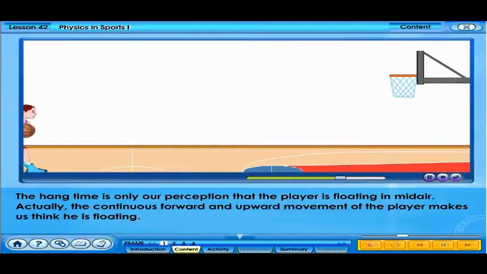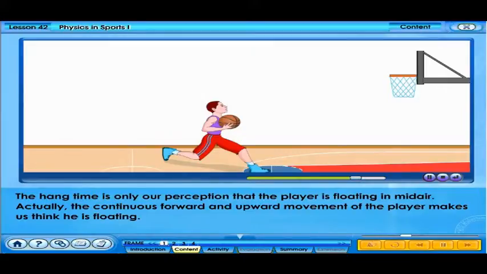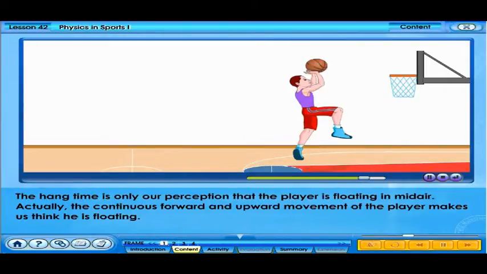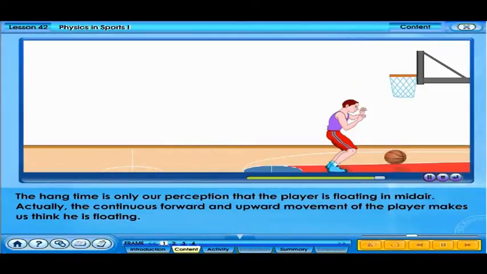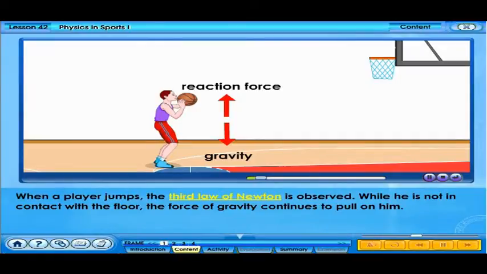If we look at the replay in slow motion, we will discover that the player starts to fall the moment he stops moving upwards, in this case when he reaches his maximum height. While the basketball player is on the ground, he is subject to two forces, gravity pulling him down and the reaction force of the ground exerting on him.